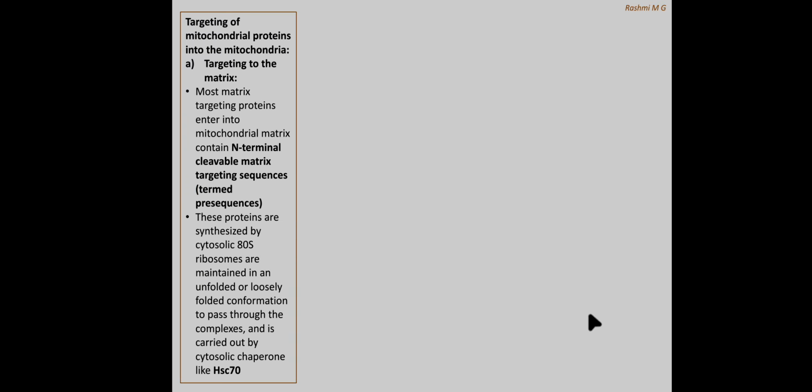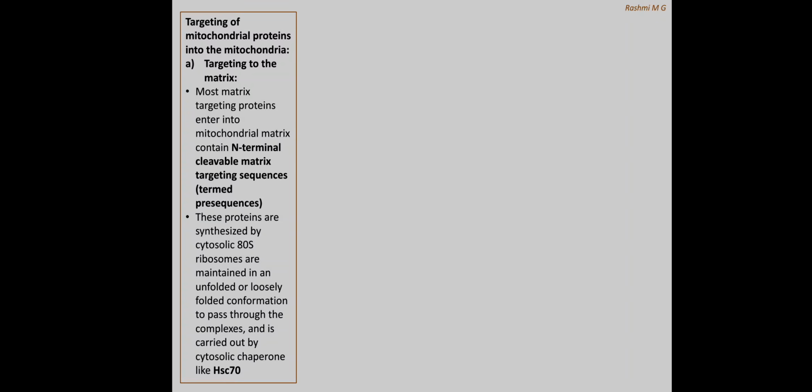Next, we will learn about targeting of mitochondrial proteins into the mitochondria, especially to the matrix. The proteins which are to be targeted to the matrix will enter the mitochondrial matrix with the help of the N-terminal cleavable matrix targeting sequence, which is termed the pre-sequence.